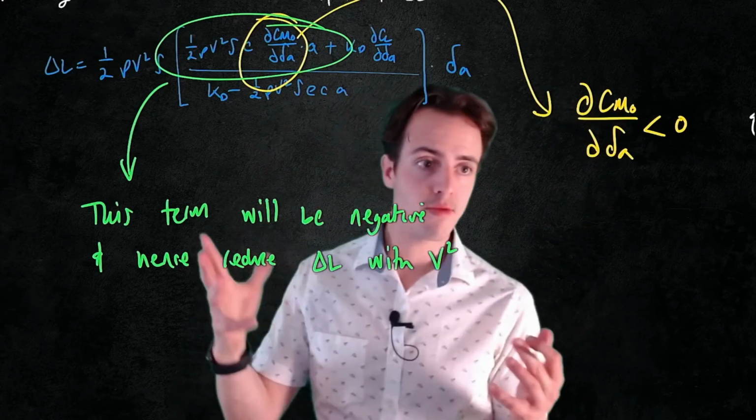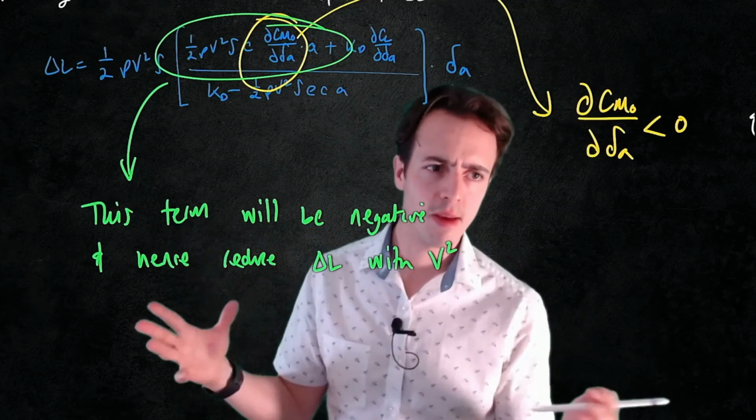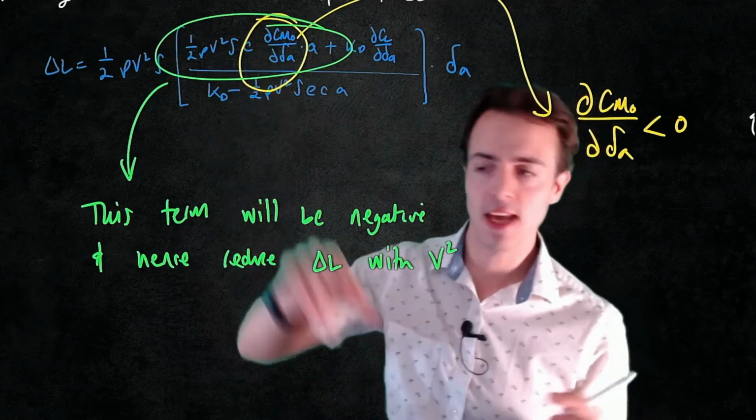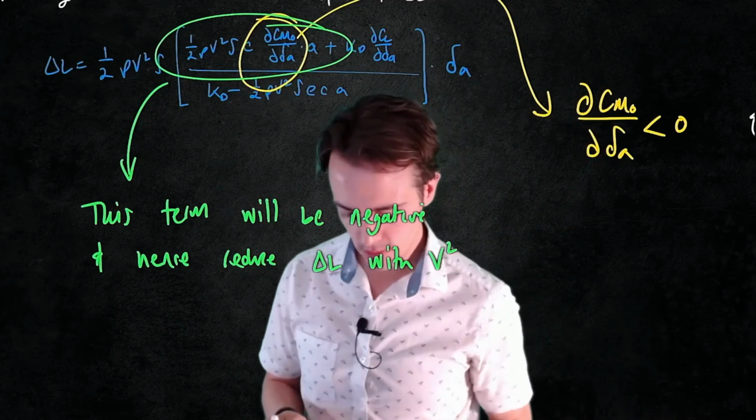Okay, if we just had a rigid aircraft, then this whole expression would simplify a lot more, but it's this bit here that gives us control reversal.